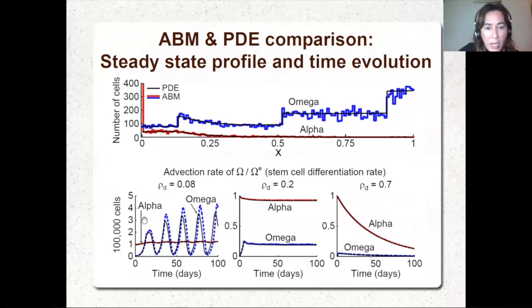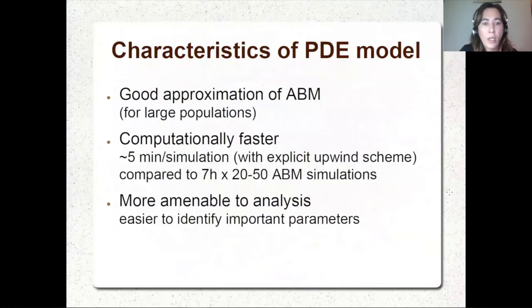On the bottom, we have the time evolution for different advection rates, and again we can see that our PDE is actually a really nice approximation for the agent based model. As I just said, the PDE is a good approximation for the ABM, and we need to stress here that this is for large populations.